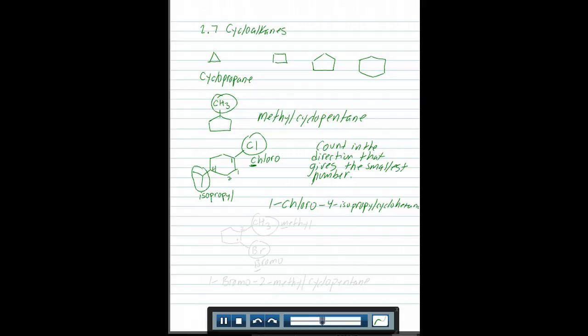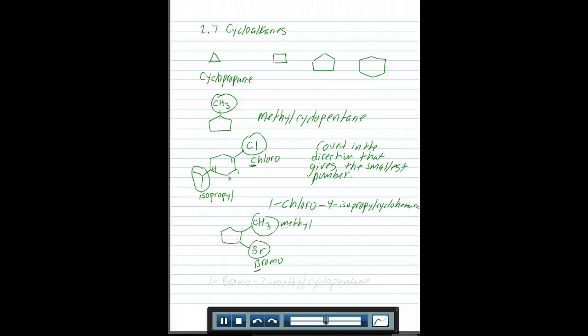Okay, let's do another one just to kind of show you this. Let's put a bromine here, and let's just put a methyl group right there. Okay, so we have a bromo, and we have a methyl.